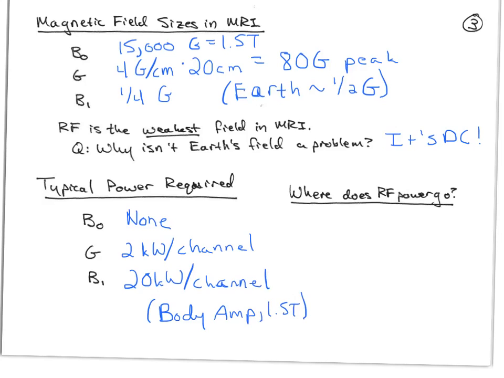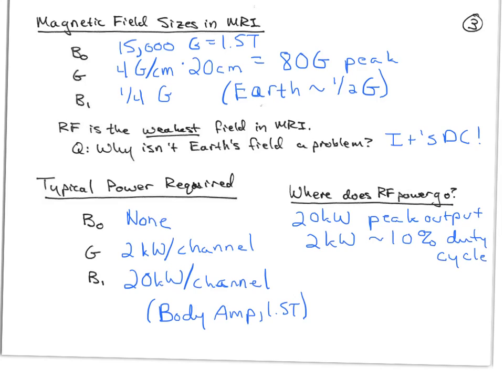Okay, so where does all this power go? We're definitely not putting an actual 20 kilowatts into the body, right? We'd be cooking the person. So if we look at where it's going, 20 kilowatts is the peak output of the amplifier. 2 kilowatts is really the average power at a 10% duty cycle, meaning that the amplifier is on for about 10% of the time, so it's actually on average putting about 2 kilowatts out.